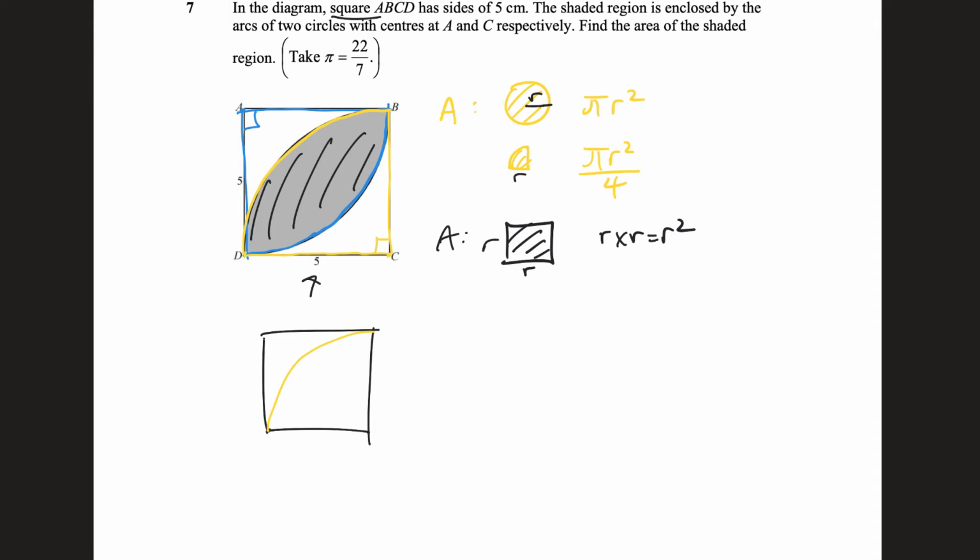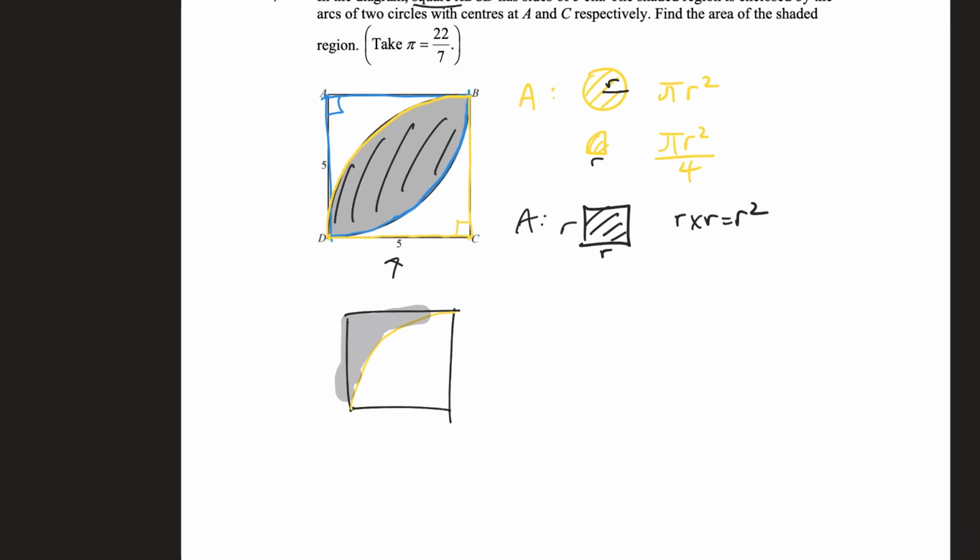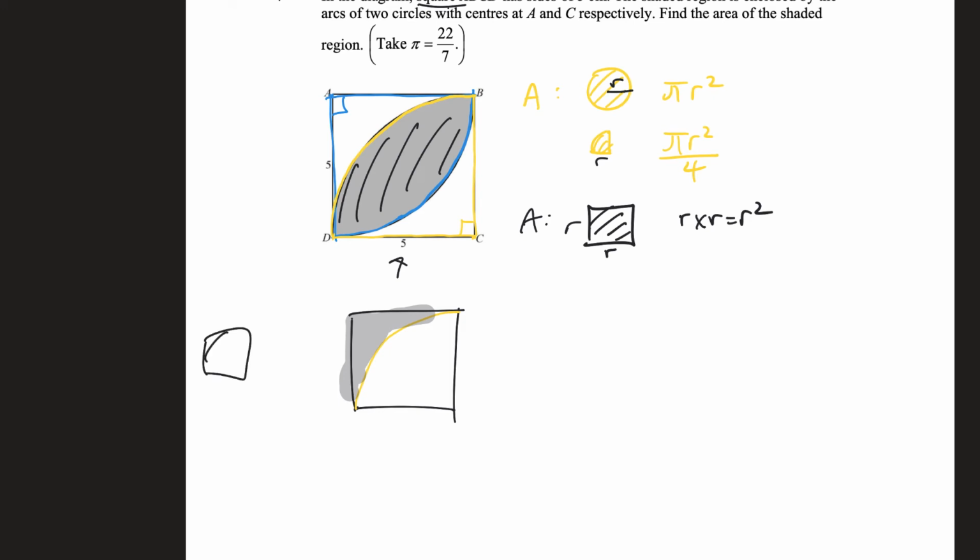I'll be left with this area, right? You take the area of the square, subtract away the area of the quarter circle, and what you're left with is just this section.